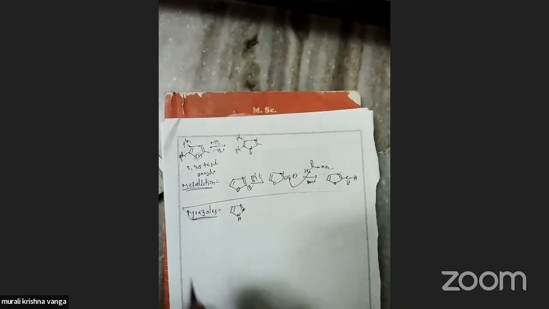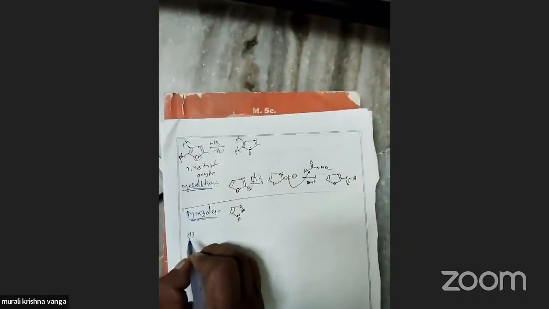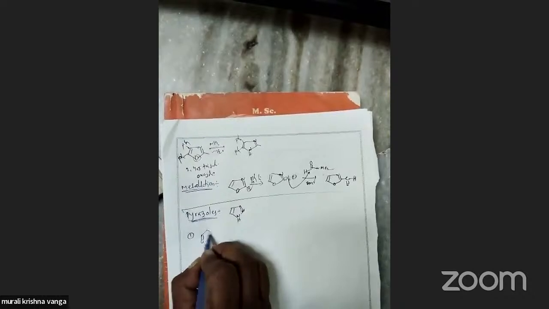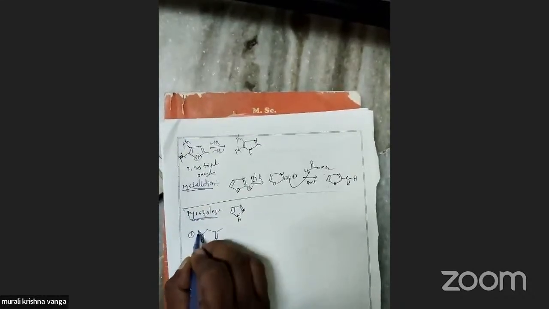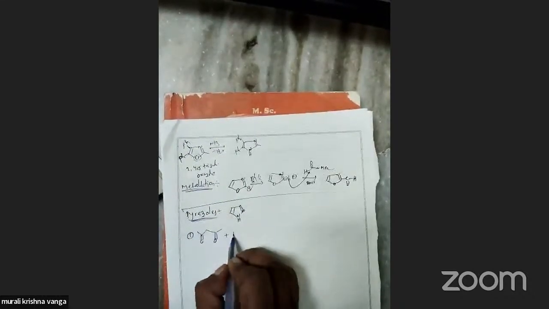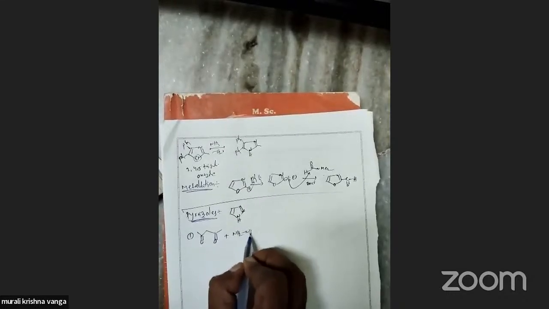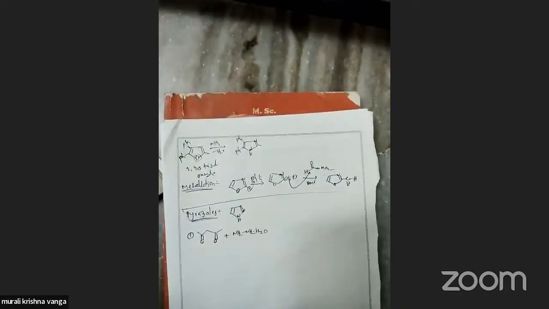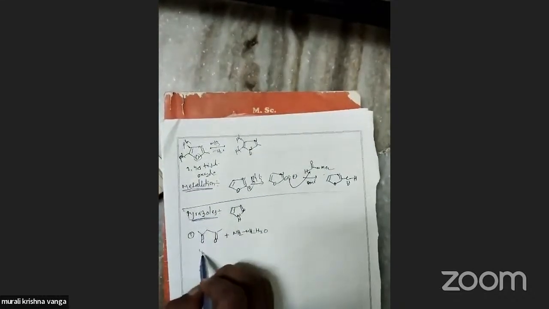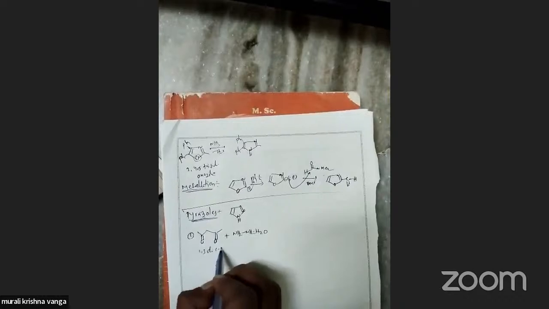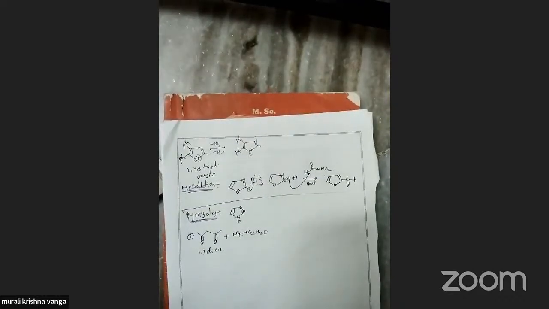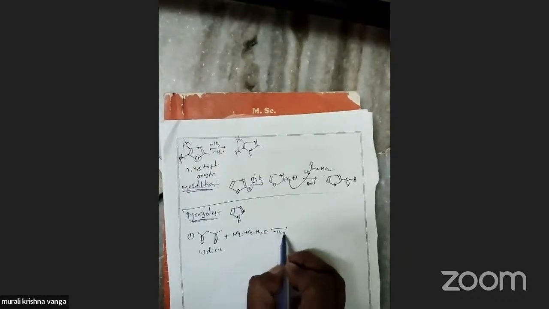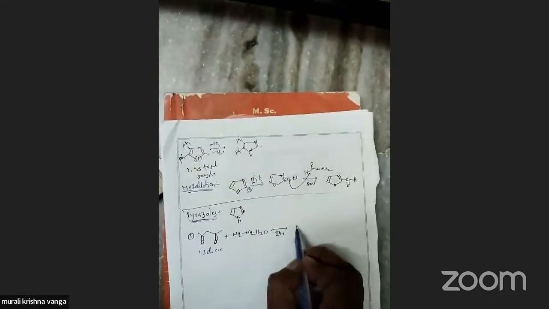The synthesis of pyrrole: when 1,4-dicarbonyl compounds react with hydrazine hydrate, it involves loss of two moles of water molecules.